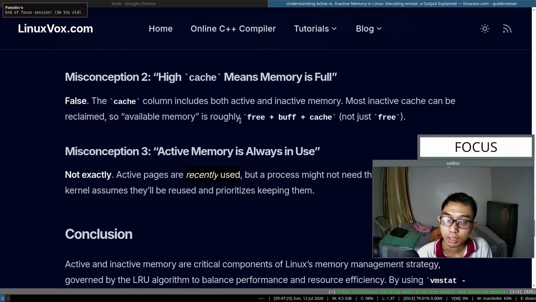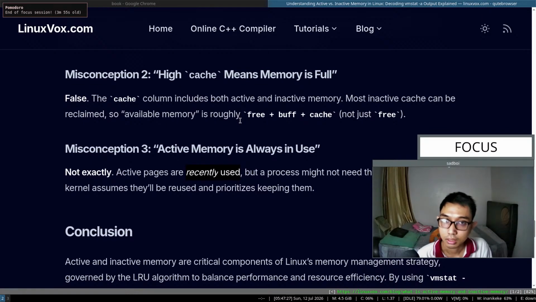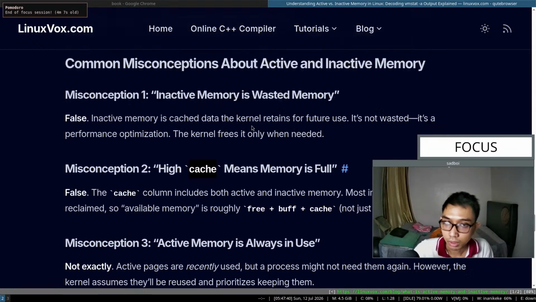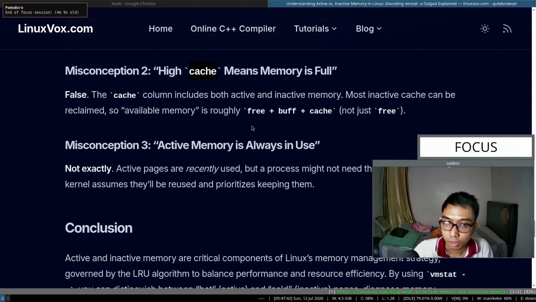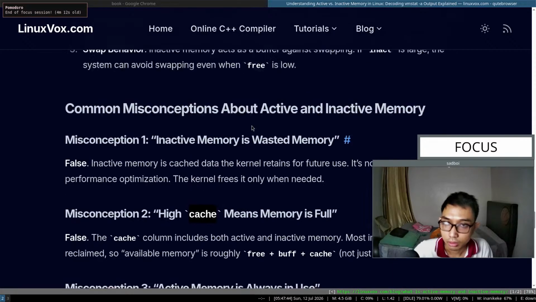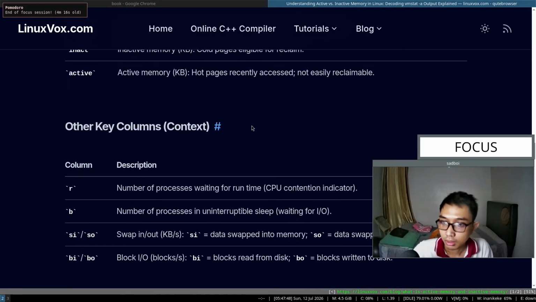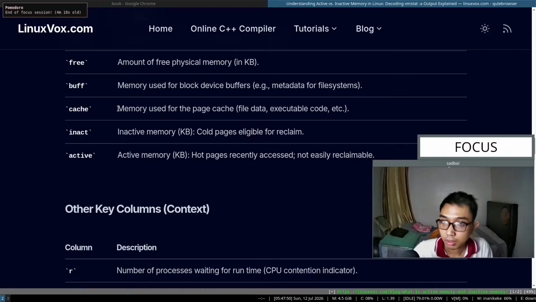I mean, if that is the case, is the memory in the cache section here the memory that is in use? I mean, if I remember correctly, memory used for the page cache.